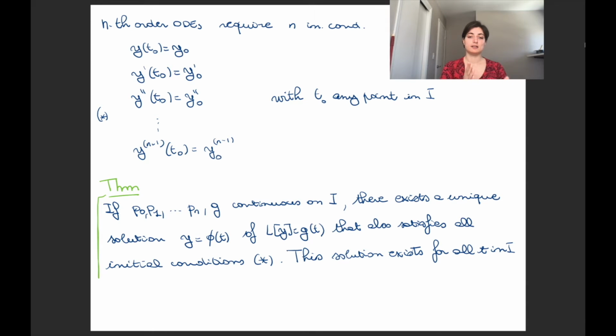And that solution can satisfy all initial conditions, and it exists for all times t in the interval I. So if we have continuity of p0, p1, p2 down to pn and g, we have existence and uniqueness of solution in the same interval in which we have continuity.